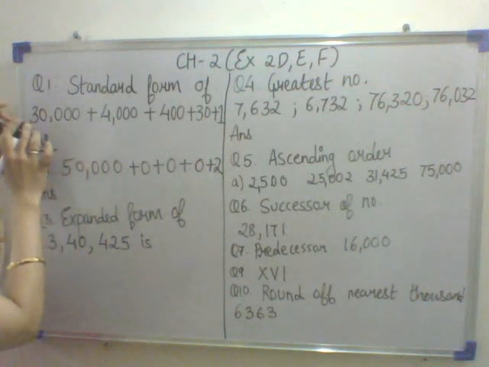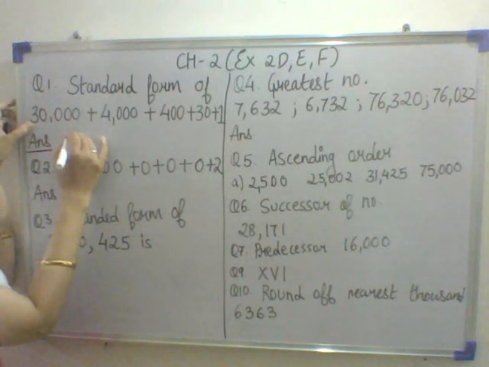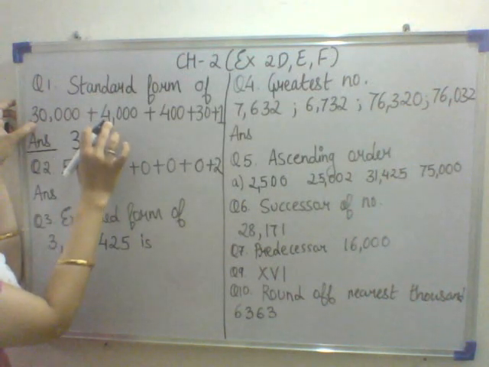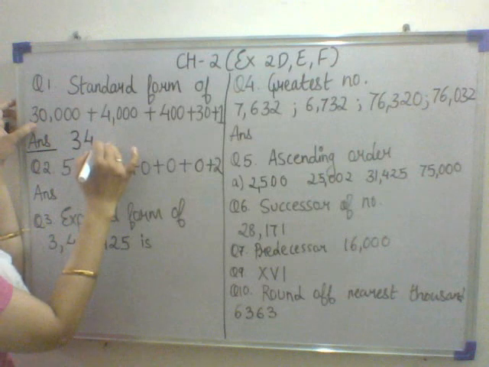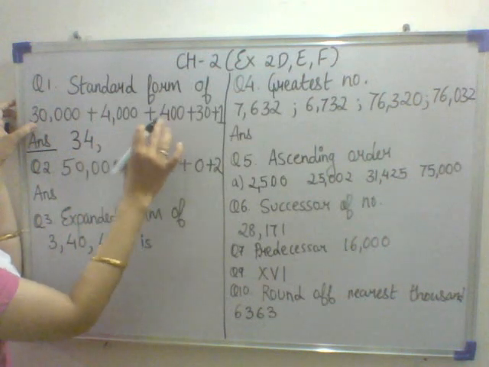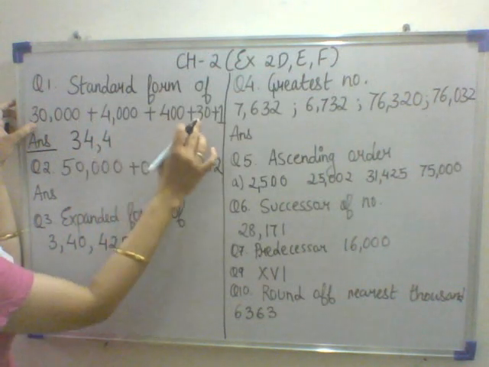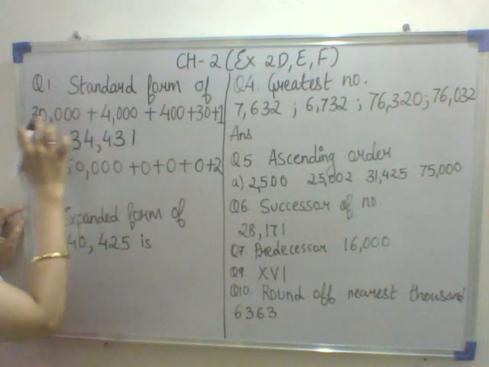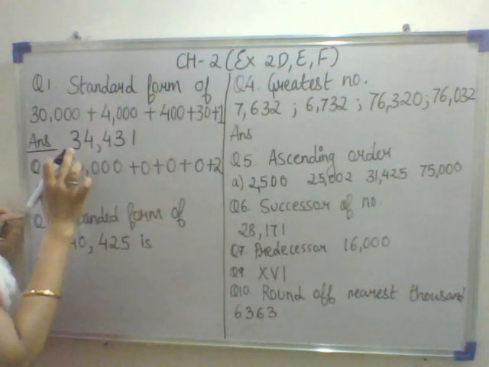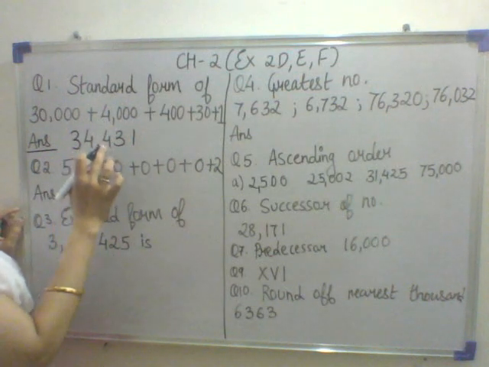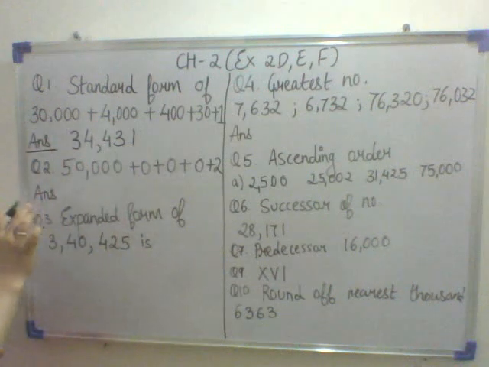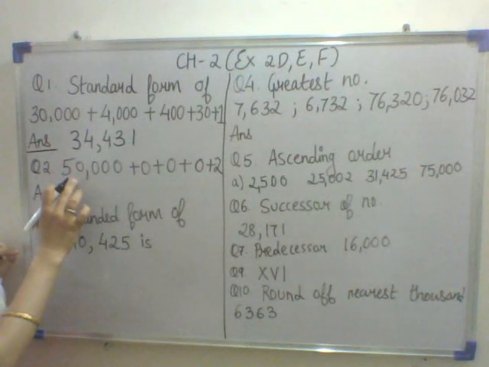Answer: first you will write this number, that is 3. Then this 4, comma, again 4, 3, 1. So the standard form of this is 34,431.